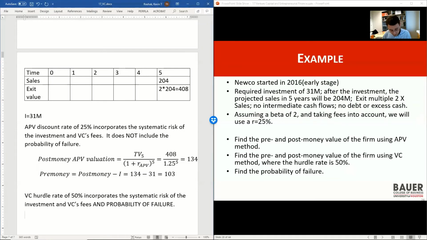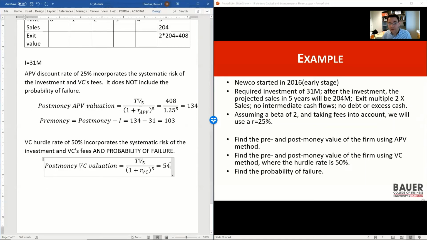We're going to do the same exact valuation. We still have the same cash flow at time 5. Now we're going to use a different rate, a VC rate. That's going to give us a valuation of about 54. This is how much the VC is actually valuing the company at, 54.